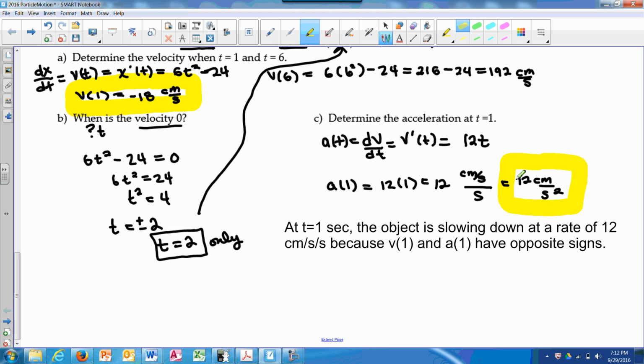Now the velocity at time 6 is 6 times 6 squared minus 24. That's basically 6 cubed, which is 216.